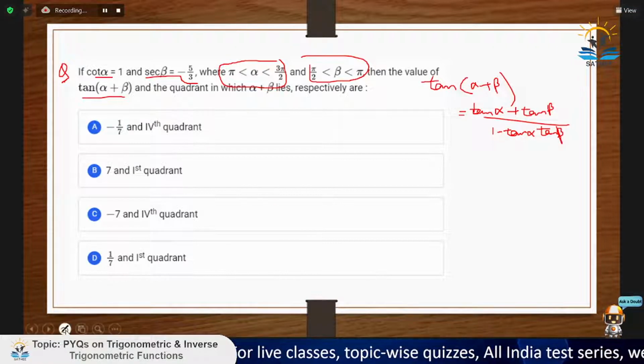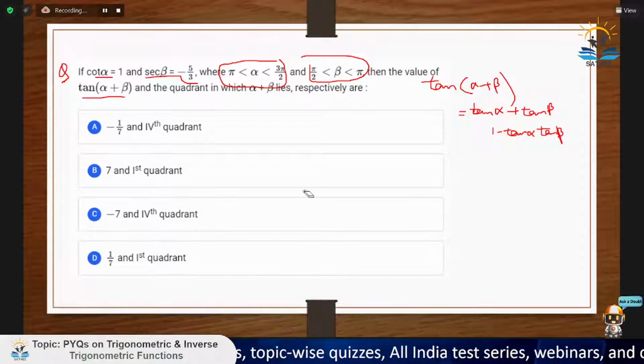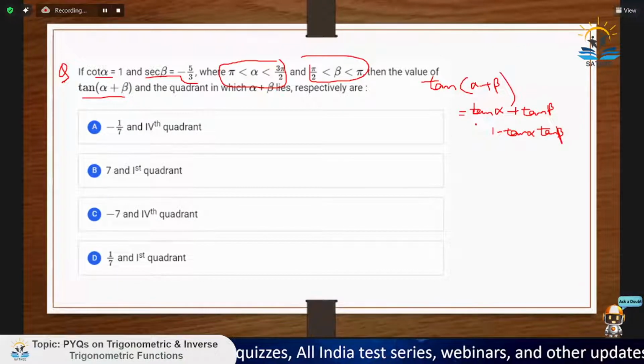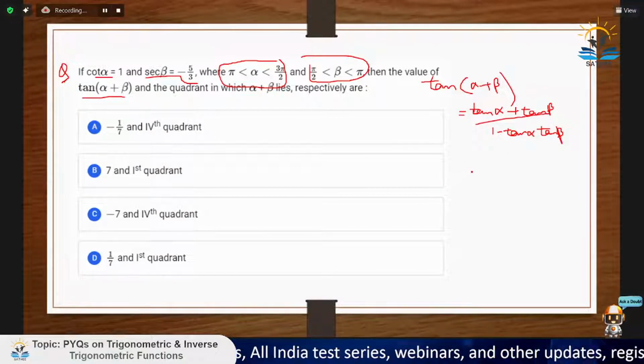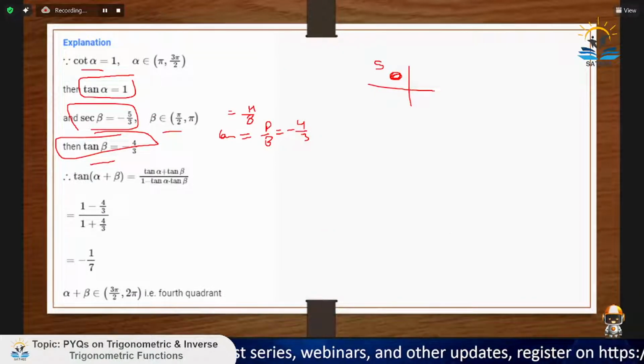Okay, so this is my formula for tan, and I know the values of tan alpha and tan beta. Tan alpha is 1, tan beta is -4/3.